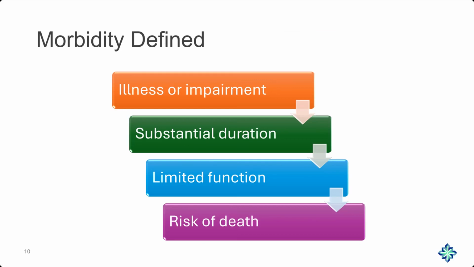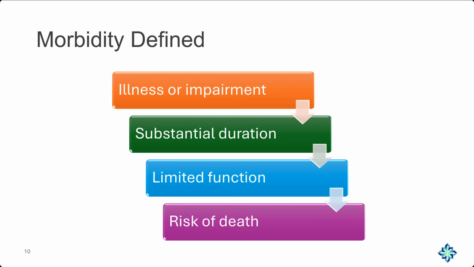It's also going to be something that is expected to have a substantial duration. So this is not necessarily going to be something that's in a predetermined timeline. It doesn't maybe have a clear path. It may be something that's transient. It's going to be something that's not necessarily short term.